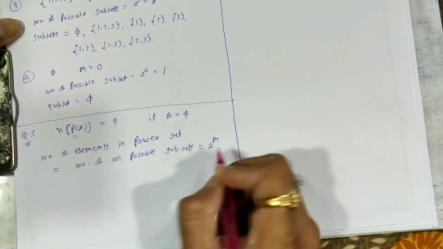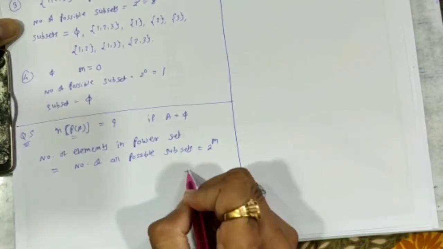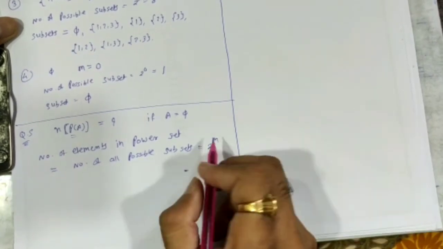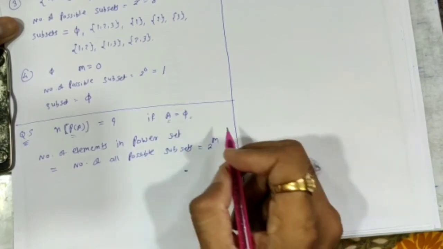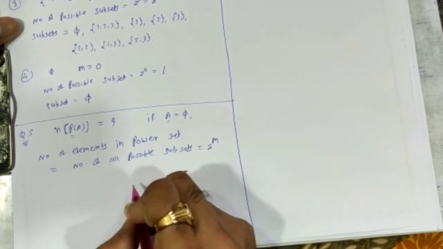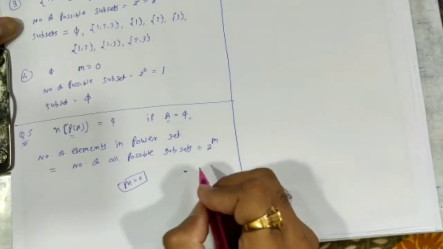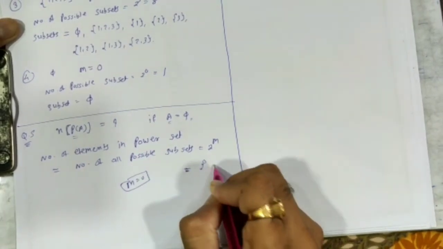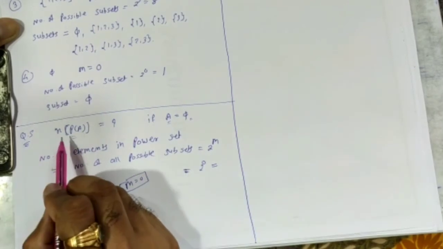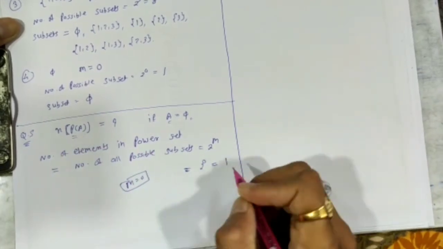So that is equal to 2 raised to m, where m is number of elements in a set A, and our set A is null set. So value of m is 0. Put m equal to 0. So we are getting 2 raised to 0, and therefore number of elements in a power set of A is equal to 1.